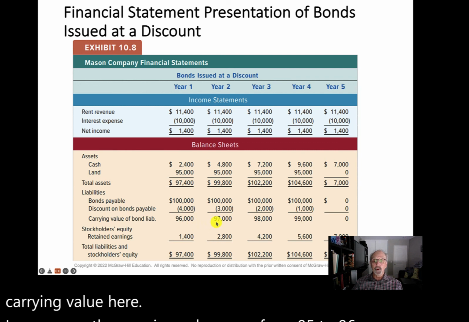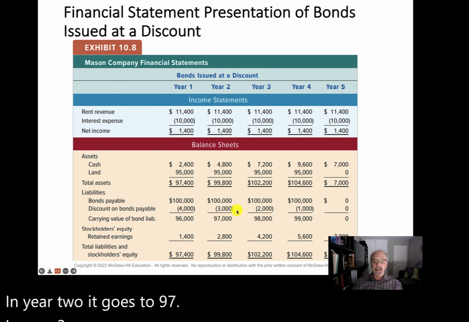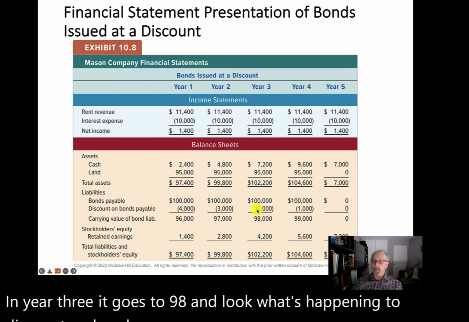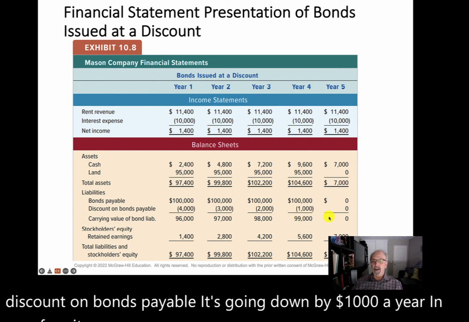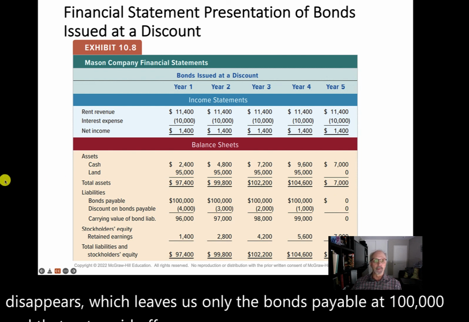In year 2, it goes to 97. In year 3, it goes to 98. And look what's happening to discount on bonds payable. It's going down by $1,000 a year. In year 4, it goes to 99. And in year 5, the discount disappears, which leaves us only the bonds payable at $100,000, and that gets paid off. And the bond matured.